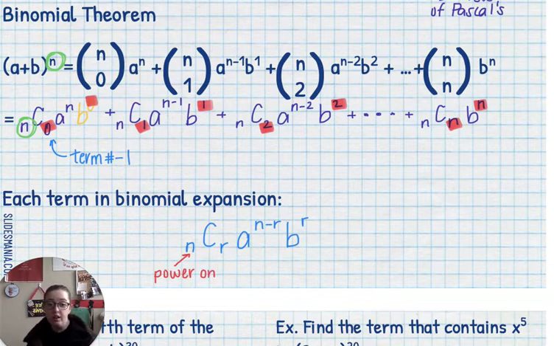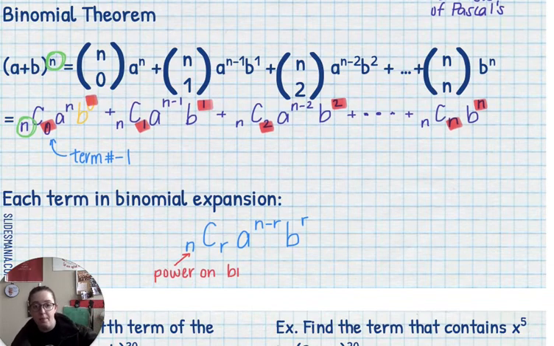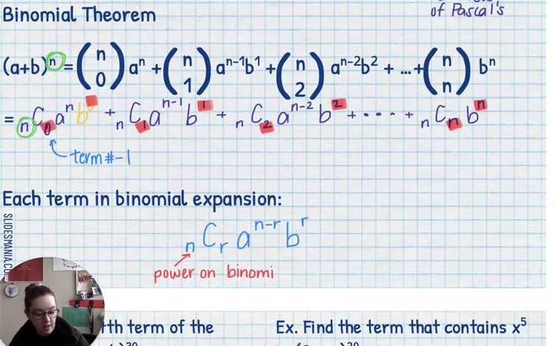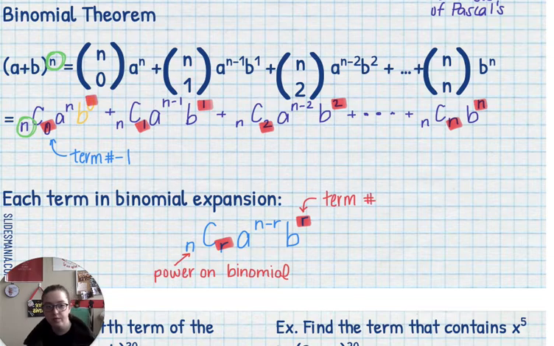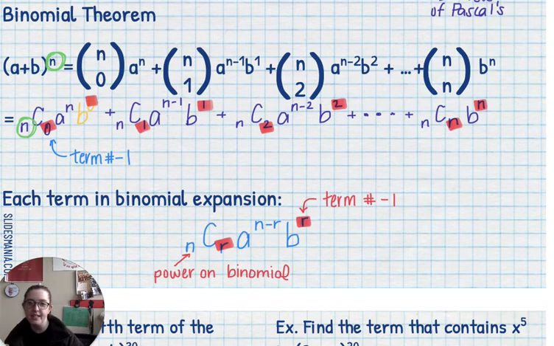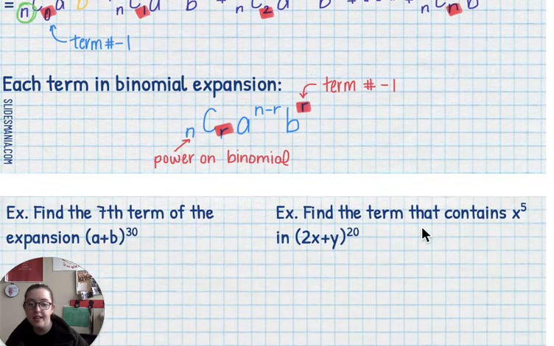That r matches the r power on b, so those two things must match. And also, that is going to be my term number minus 1. Fantastic.